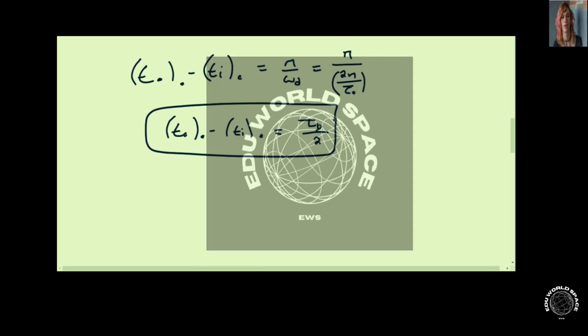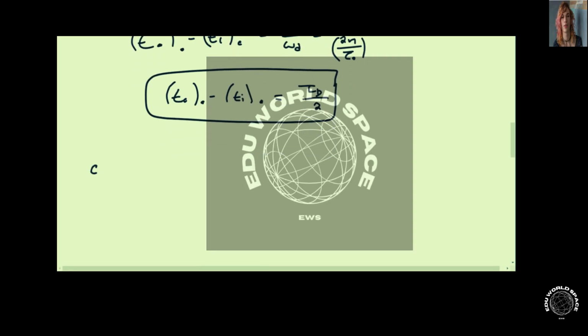And now we can do C. And C was the max positive displacement, which occurs during, so your max occurs during your omega d t initial plus phi.